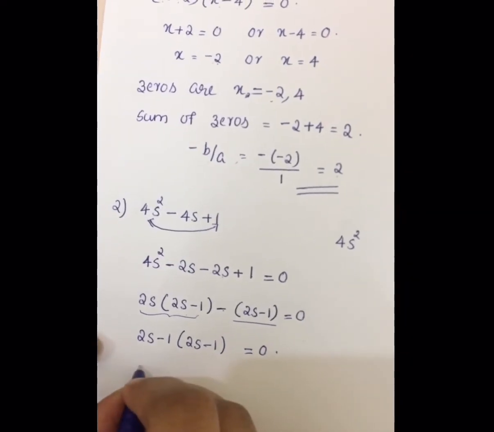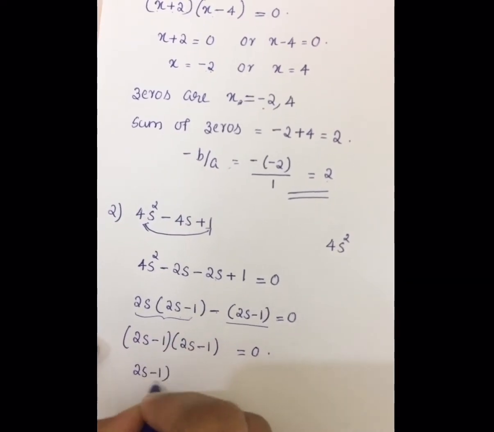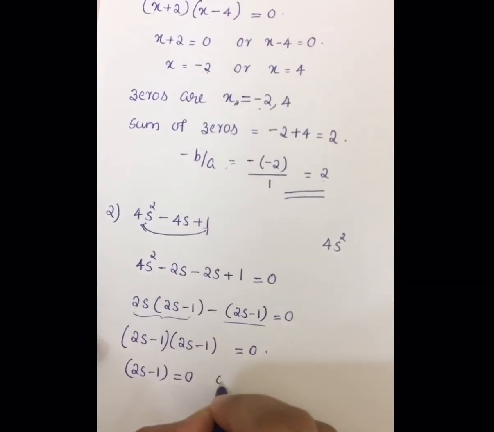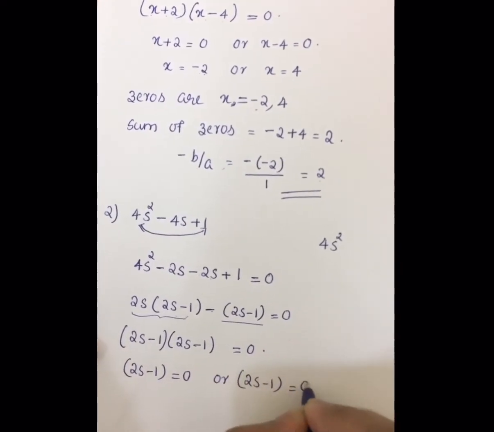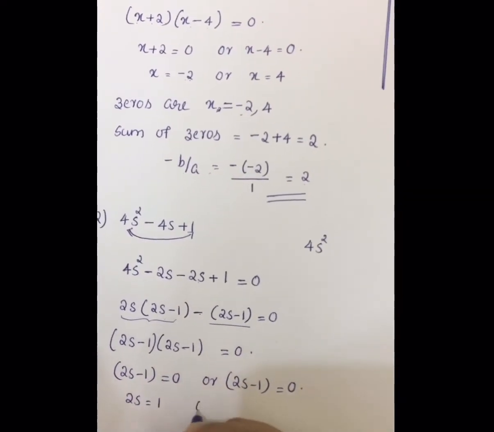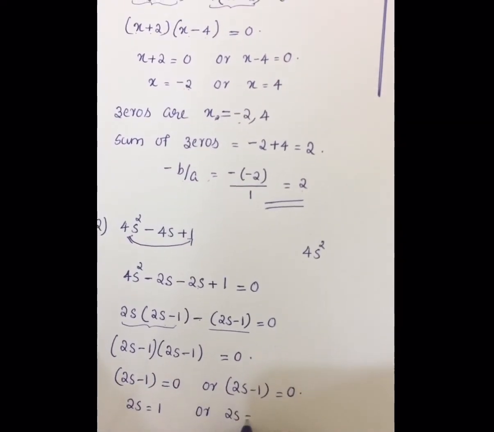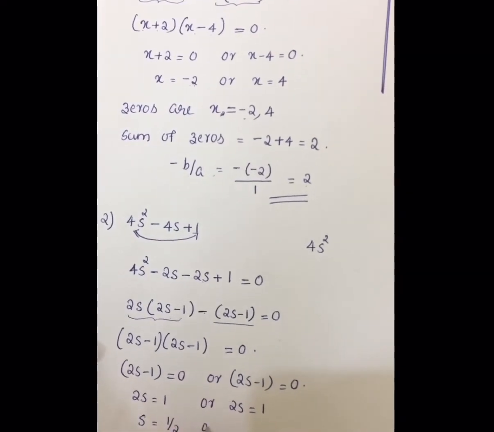That is 2s minus 1 equal to 0, or 2s minus 1 equal to 0. That is 2s equal to 1, or s equal to 1 by 2.